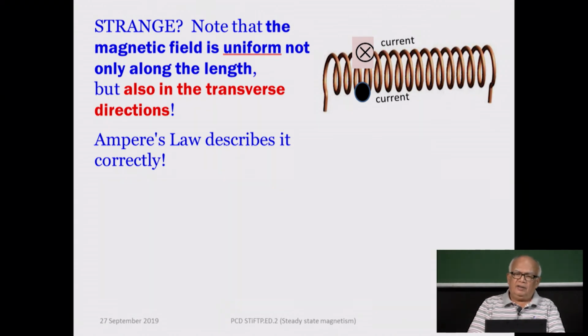And the reason it is happening is because in the solenoid you have got the current flowing in every circular coil in a particular direction. Here we consider the current to be flowing in such a direction that at the top of the coil it is going into the plane of the figure and at the bottom it is coming out.